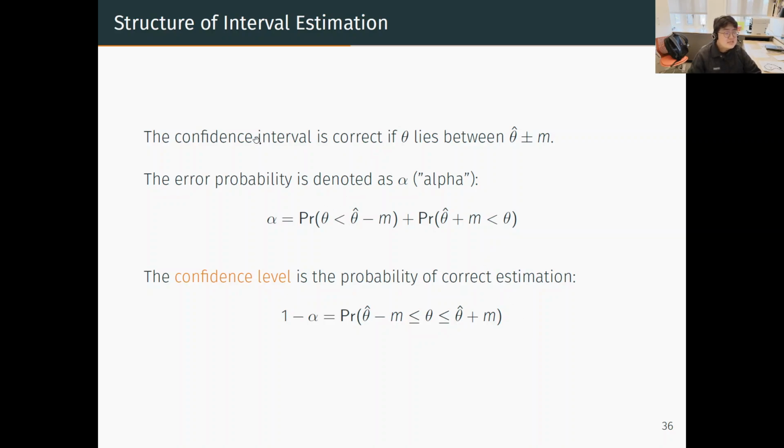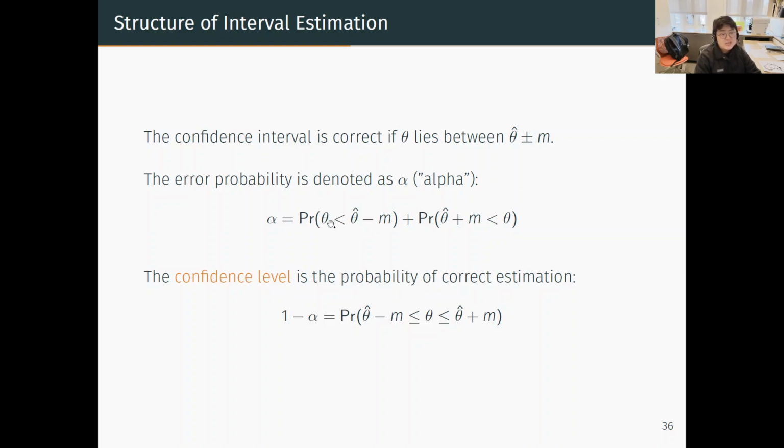And then this is correct. The interval is correct if theta, the true parameter, lies between those two limits. So we can calculate the probability that the interval is wrong, which is usually denoted as alpha. Alpha is the probability that the true parameter is smaller than the lower confidence limit.